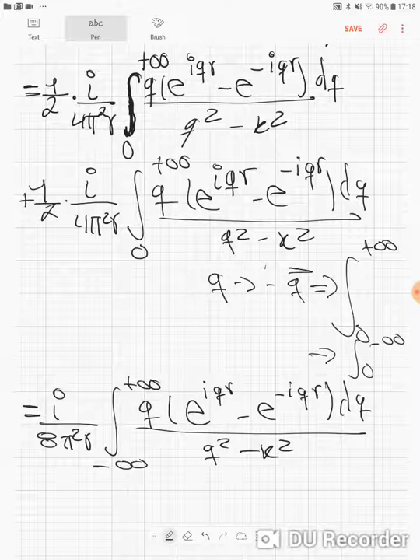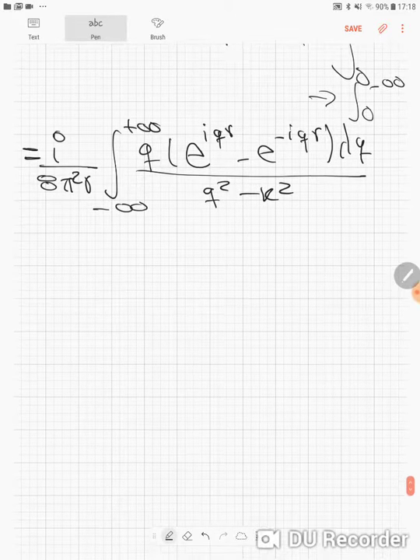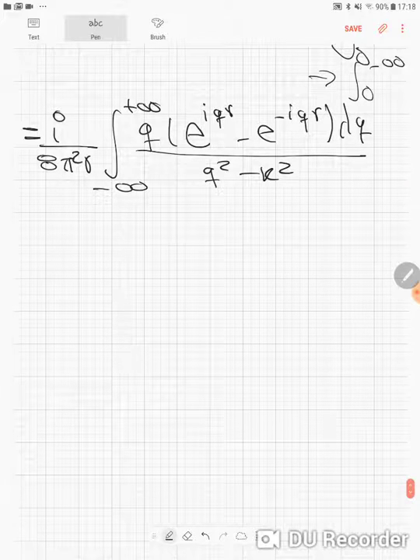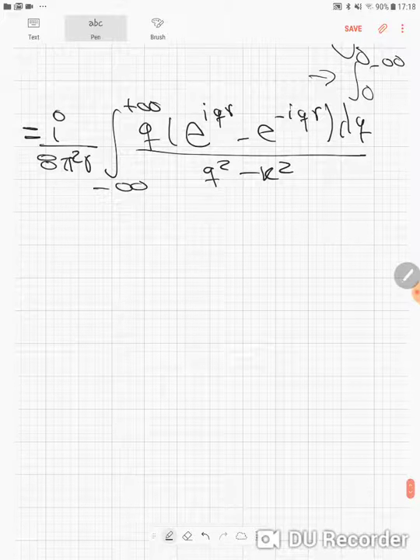And now we want to evaluate this using Cauchy's theorem for complex integrals. Okay, so for that we have to write this in the pole form.